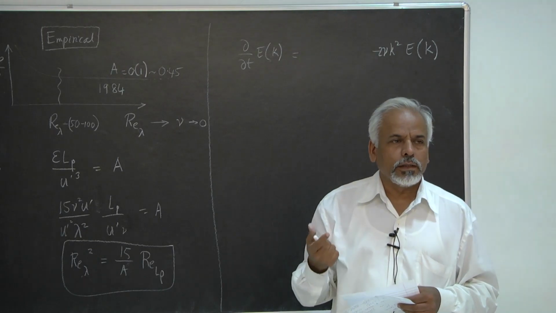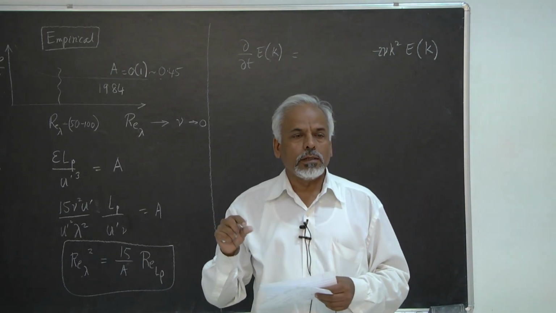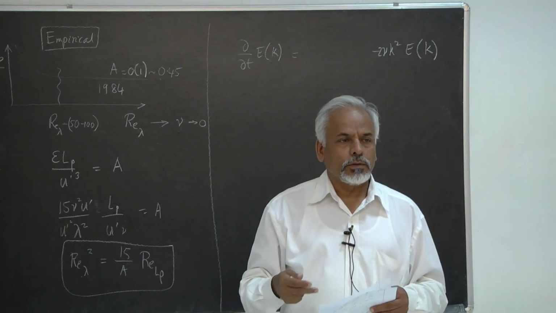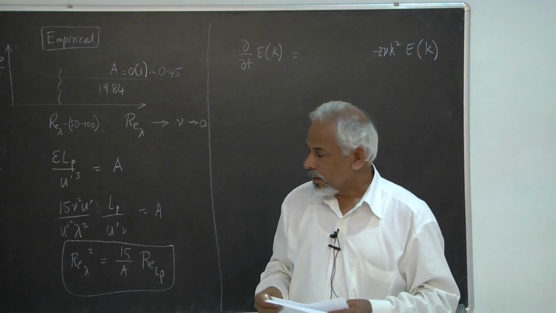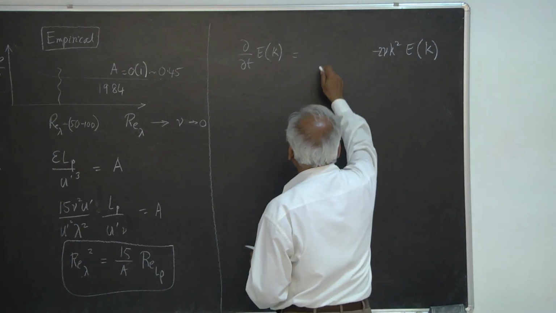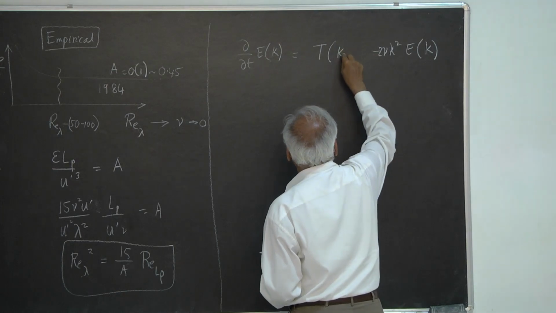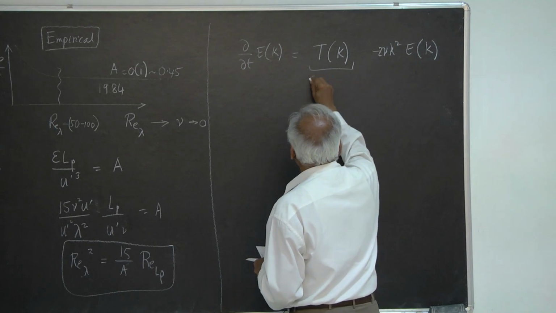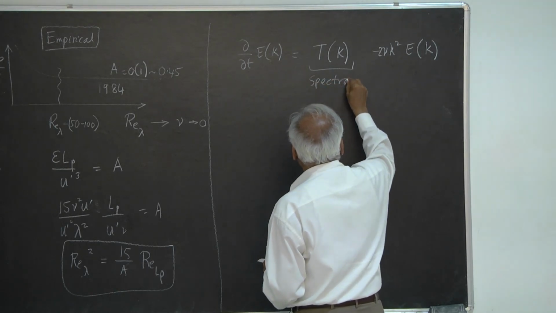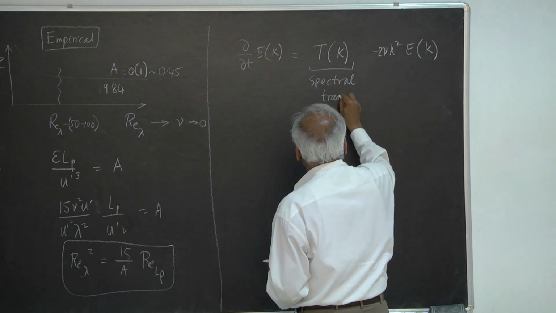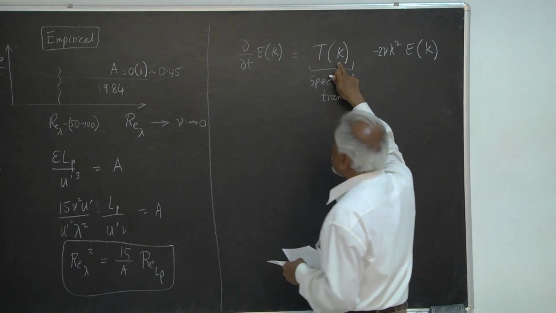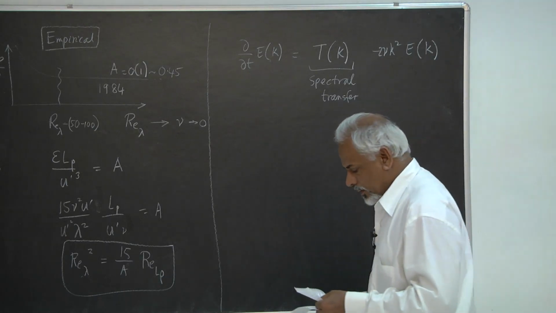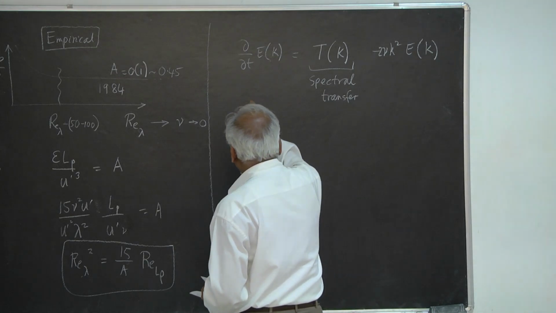And that's not very unreasonable, because the larger the oscillations, the larger the gradients, and therefore viscosity will be more effective. And then there is another term here, which is the nonlinear term. Let me represent it simply as T of k, the spectral transfer. This is the transfer of energy to a wave number k from every other wave number in the problem.